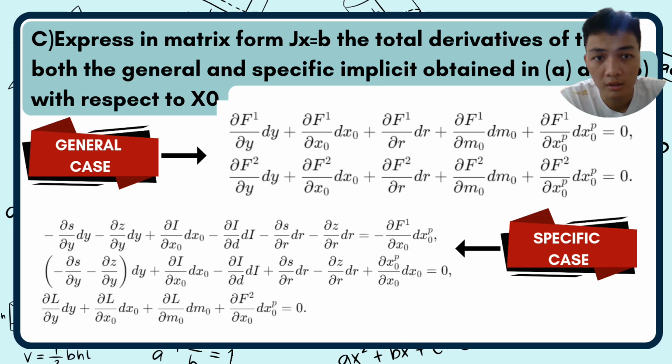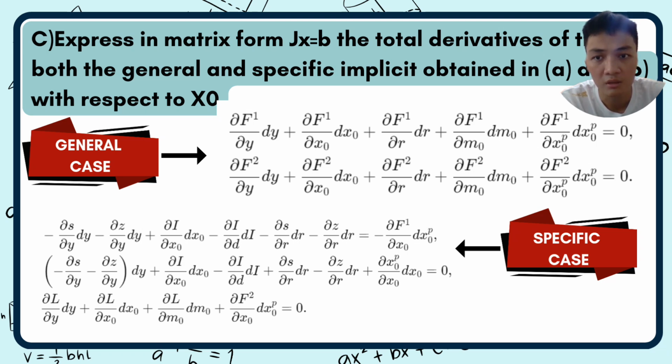The general case equations represent the total derivatives of two functions f1 and f2 with respect to multiple variables y, x, r, m, and x. Each equation is a sum of partial derivatives of f1 and f2 with respect to these variables multiplied by the differentials of the variables.